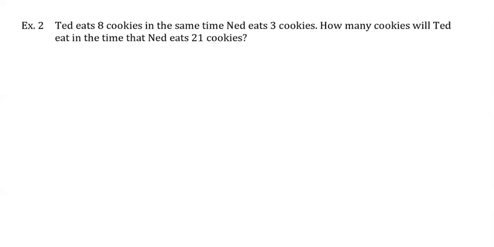Everybody watch carefully. I always think of which question I'm asking first. So how many cookies will Ted eat? And that's my X. And off to the side, I'm going to make myself a note that this is Ted. How many will Ted eat when Ned eats 21?